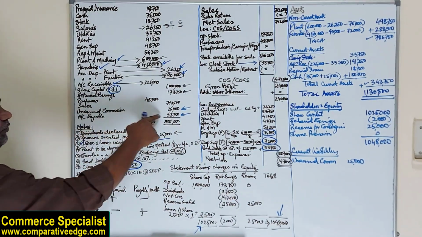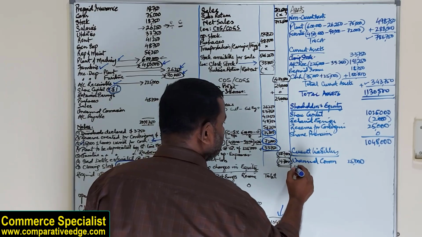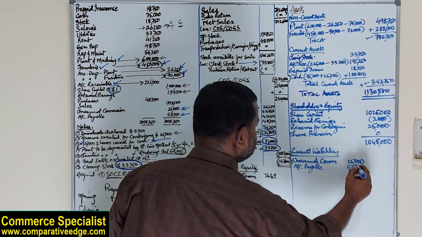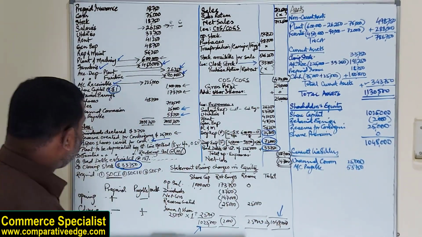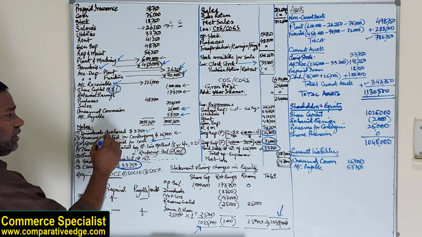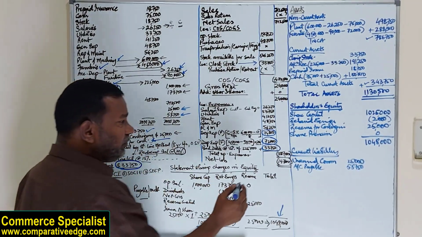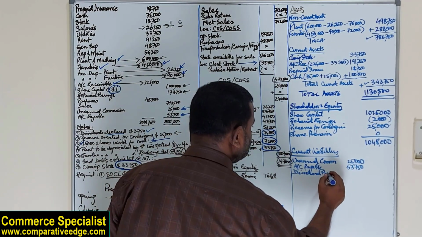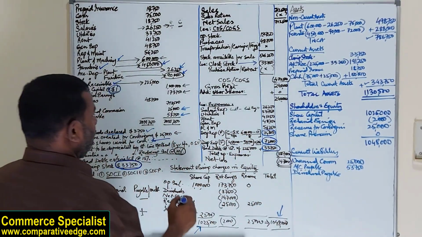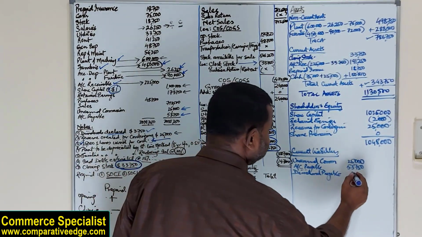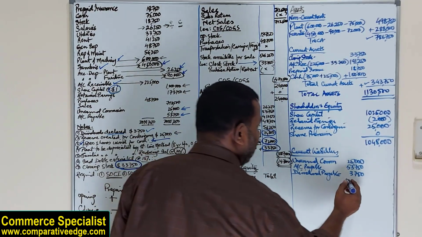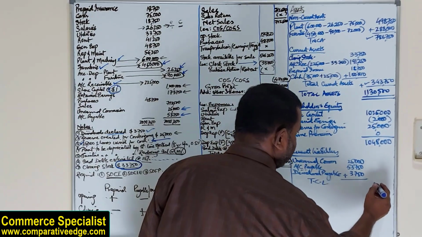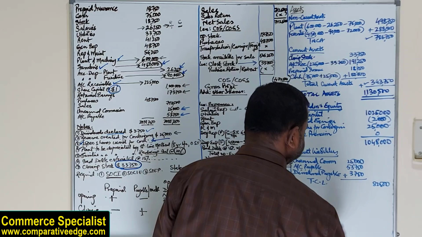We have accounts payable 53,750. We also have dividends payable. Remember, it says declared, but it's not paid. So that means we still have to pay dividends payable, which is 3,750. Let's add all these. You will get total current liabilities, which comes to 82,500.